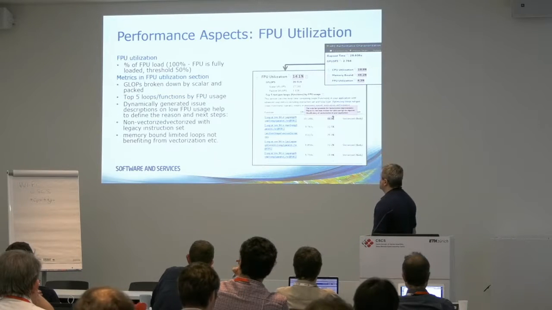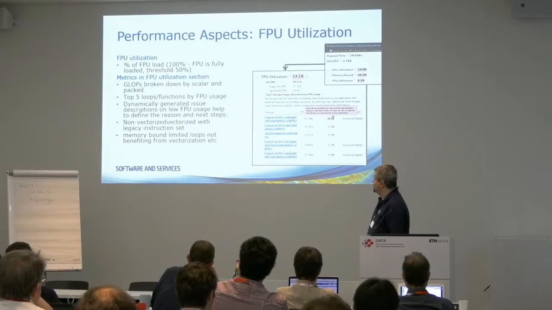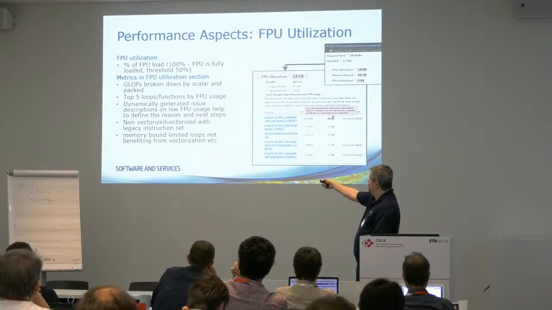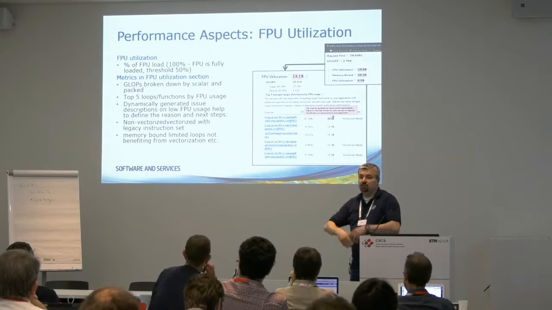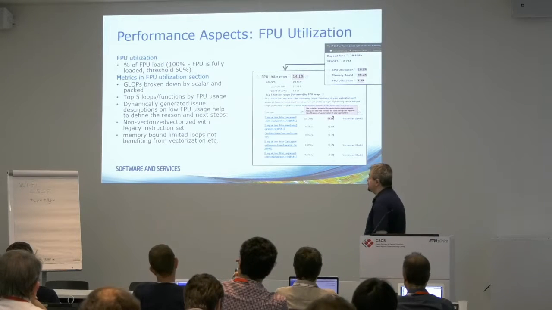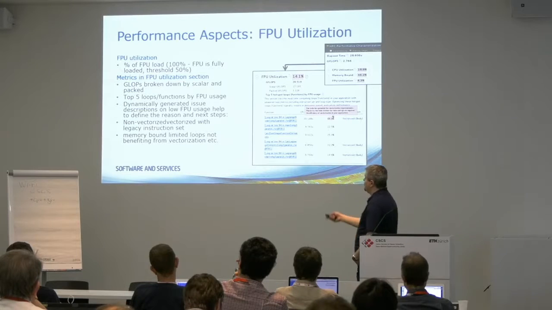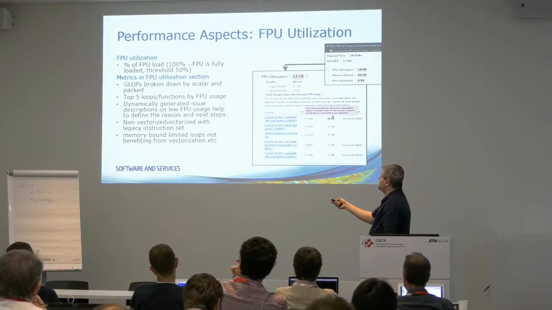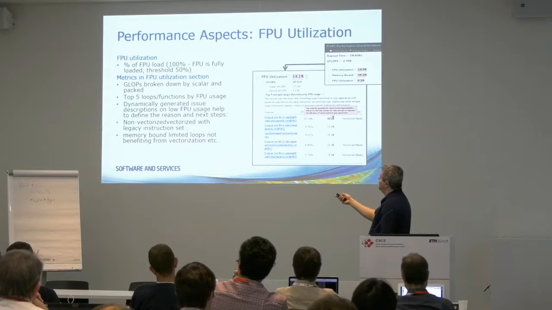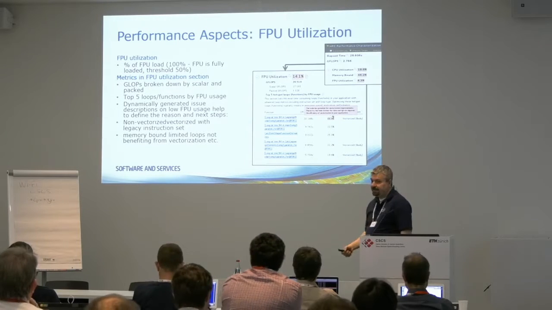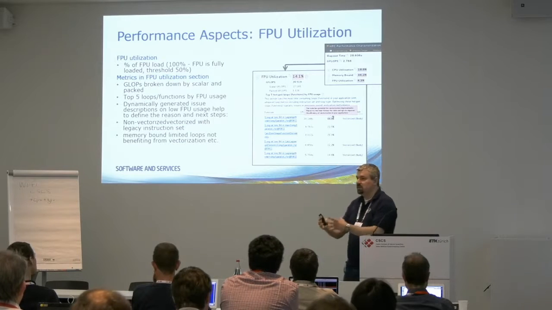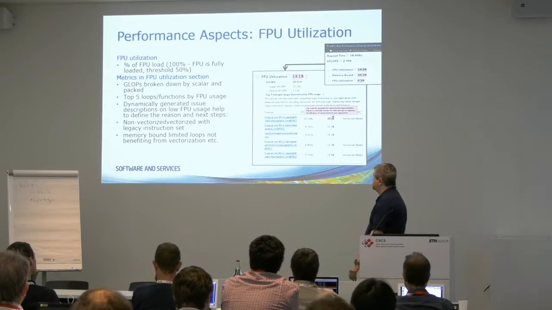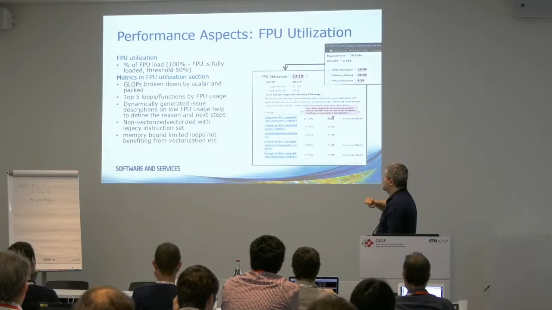Okay? Okay, floating point operations. So it tells you the FPU load. So 100% means that you're fully vectorizing, you're using all the FPU cycles in the system. It tells you the GFLOPS, with a typo, broken down by scalar and packed. So that means floating point operations that come from scalar code versus vectorized floating point code. It tells you the top five loops and functions.